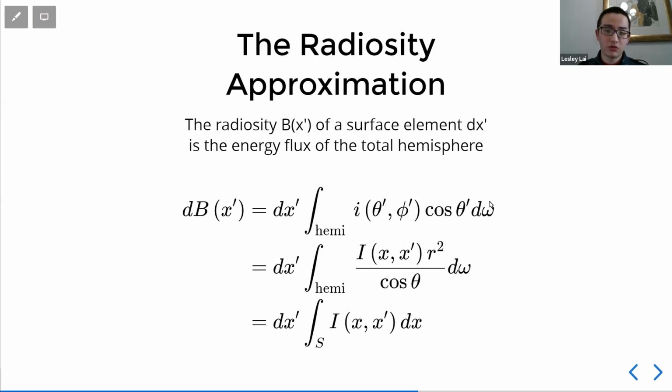And we just do a bunch of manipulation. Then we get a result. The so-called radiosity is the energy flux of the total hemisphere, and we can tie it back into our previous rendering equation.